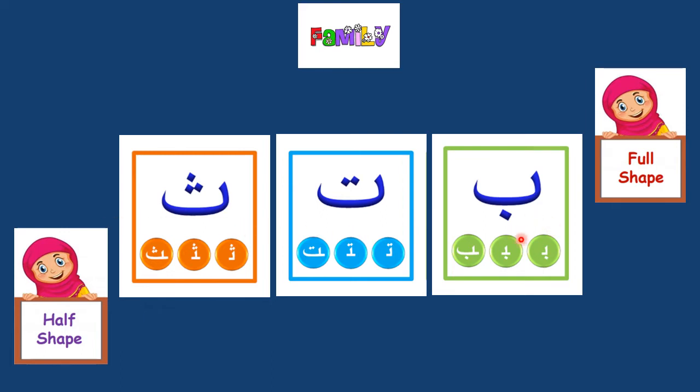Ba has a dot under it, Ta has 2 dots on it, and Sa has 3 dots on it. Otherwise, their full shape and their half shapes are the same.